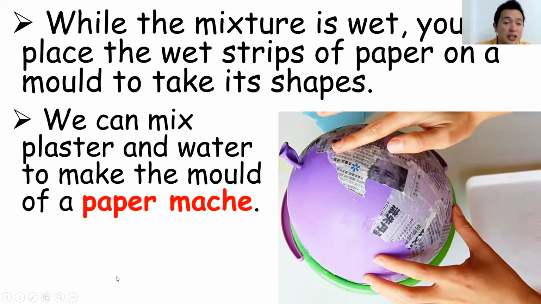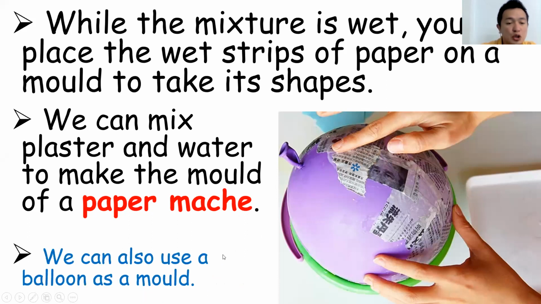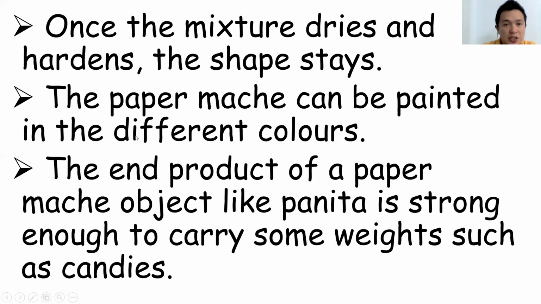We can mix plaster and water to make the mold of a paper with shape. So we can also use a balloon as a mold. As you can see in the picture, once the mixture dries and hardens, the shape stays.